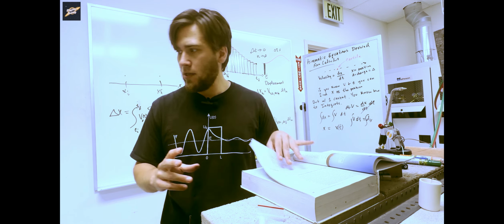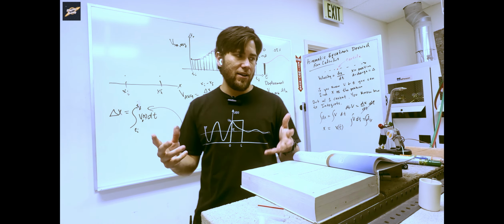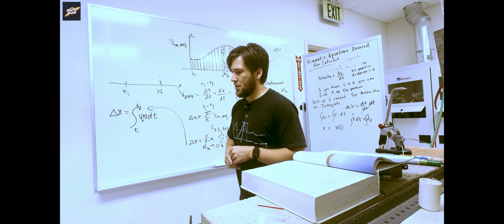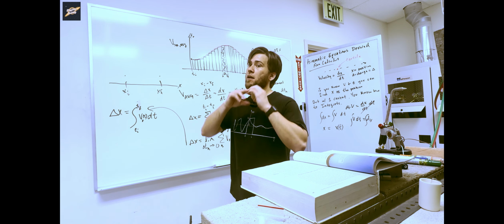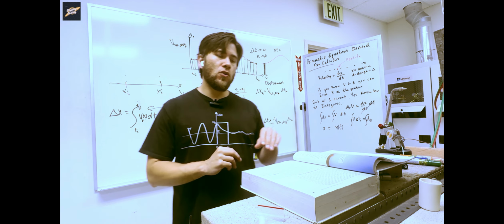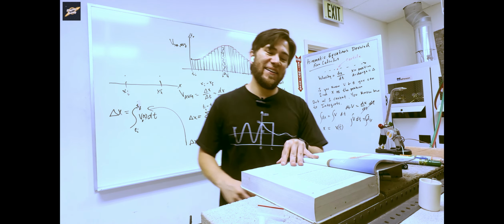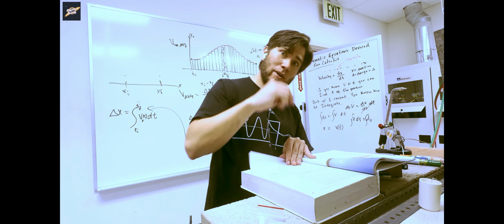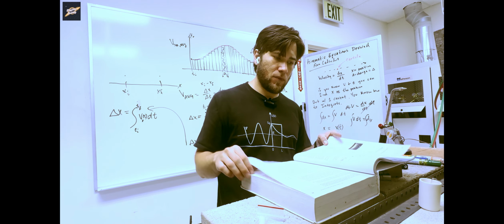For instance, you could easily say this is a car, so you can represent a car as a particle, a point in space. You don't have to draw the car every time. You can just draw a point in space and then draw your kinematic diagram from there.